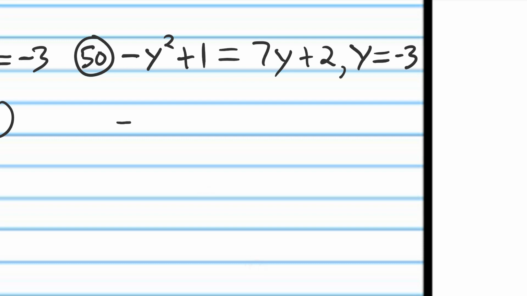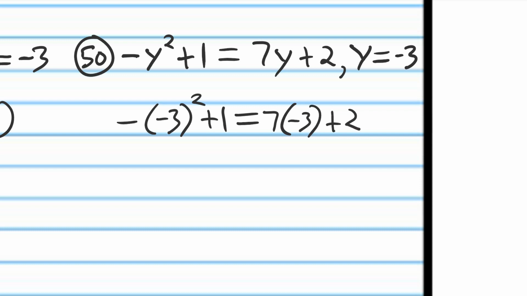All right, we're back. So you definitely need parentheses in this problem. Parentheses here because you're plugging in a negative. Now, if you weren't plugging in a negative, you could just write it as negative 3 squared without parentheses. That would be fine.